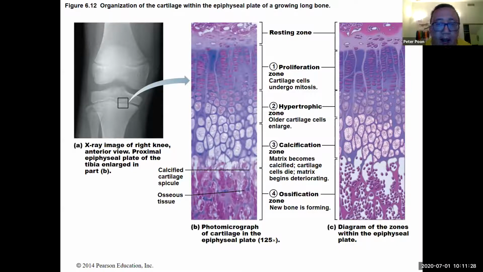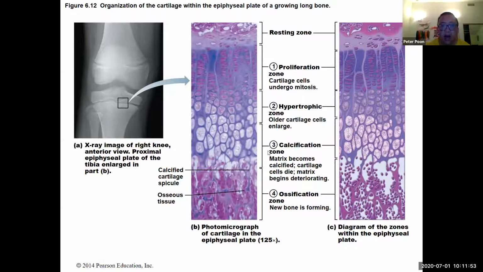That area is called the proliferation zone. The next area is called the hypertrophic zone, where the cartilage cells start to enlarge. Hypertrophic, large growth, so the cells get bigger.